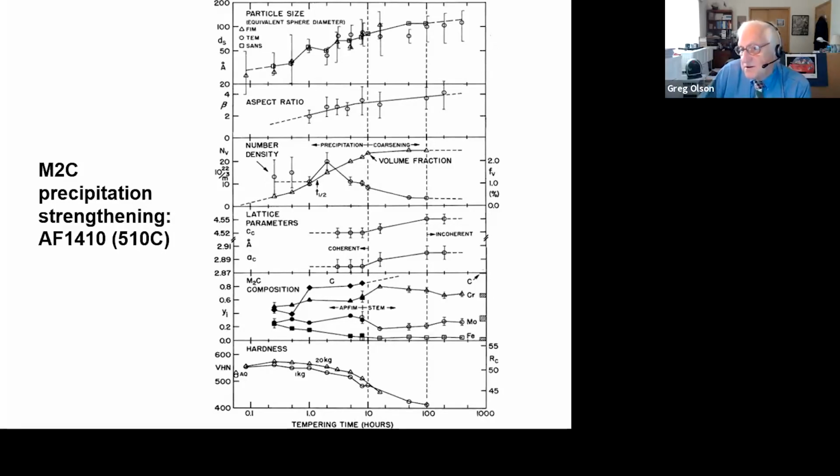But it was important to recognize that the trajectory of the lattice parameters, driven by the composition trajectory of the carbides, is consistent with the initial nucleation being in a fully coherent state. So it was necessary to add to the CALPHAD chemical thermodynamics an elastic energy term that's composition dependent through the composition dependence of the lattice parameters setting the misfit strains. So all that was put together to get precise driving forces for the precipitation of these carbides so we could efficiently control the particle size.